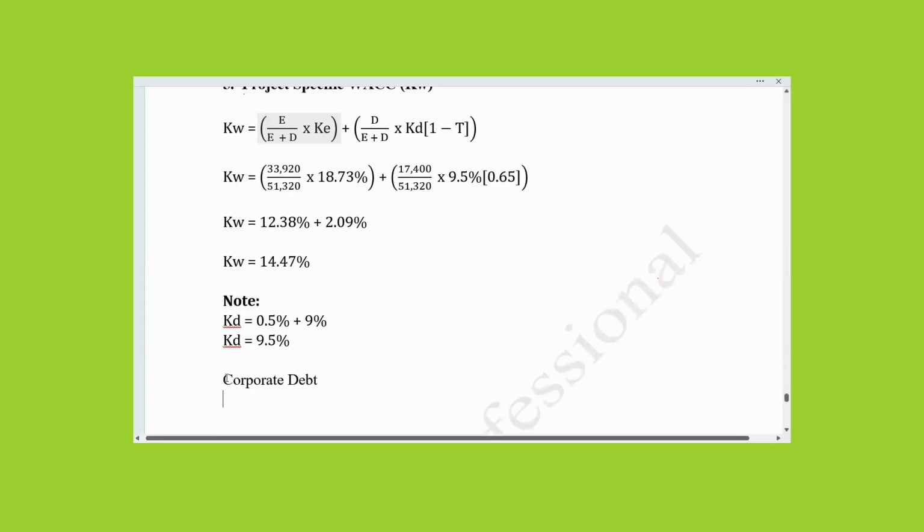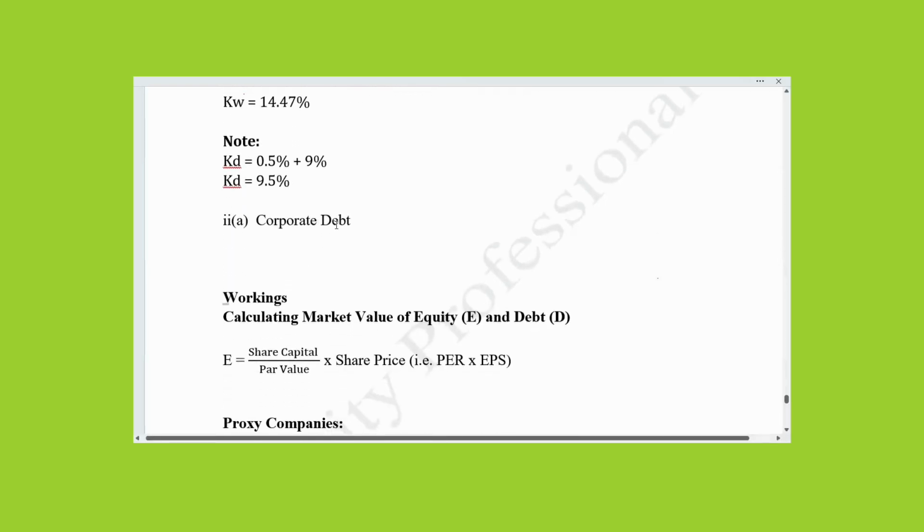Let me ask the class if you have any idea on this. Is it true that corporate debt is risk-free? What it simply means is that when you invest through debt, you cannot lose your money.